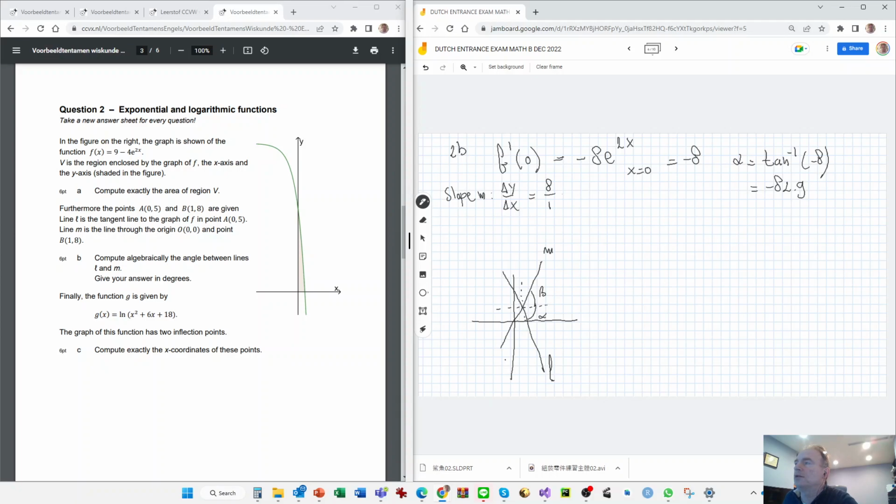Delta x is 1, so it is 8. So my beta here is the inverse tangent of 8. But that's of course just the opposite sign, so it's 82.9.